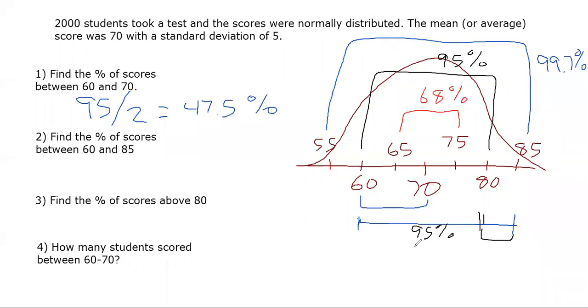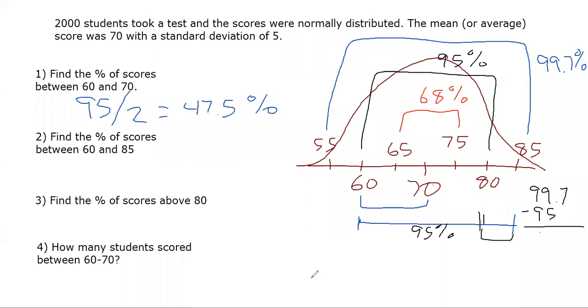Well, if I look up here, I've got a 99.7% and I've got a 95% representing 3 standard deviations out and 2 standard deviations out. If I take the difference between those, if I take 99.7 and I subtract off the 95, that's going to give me the amount of data that lands between 80 and 85 and between 55 and 60.